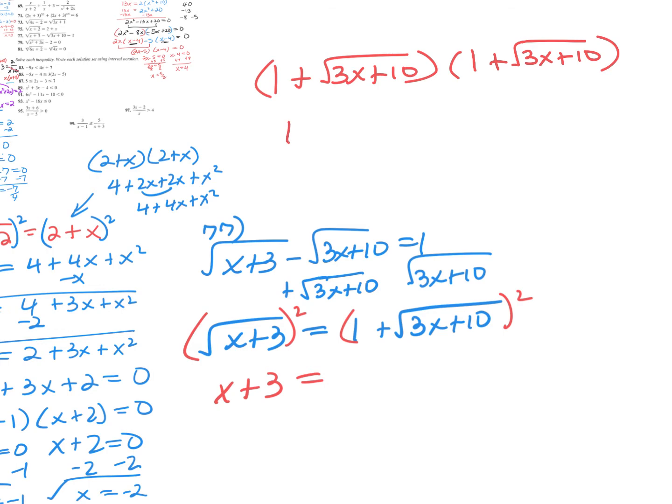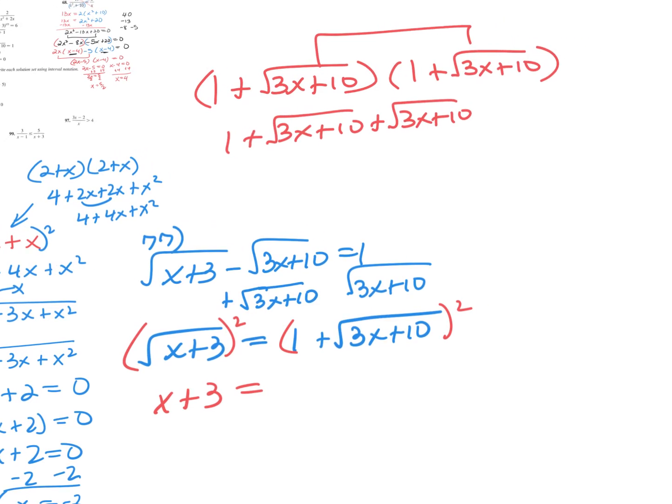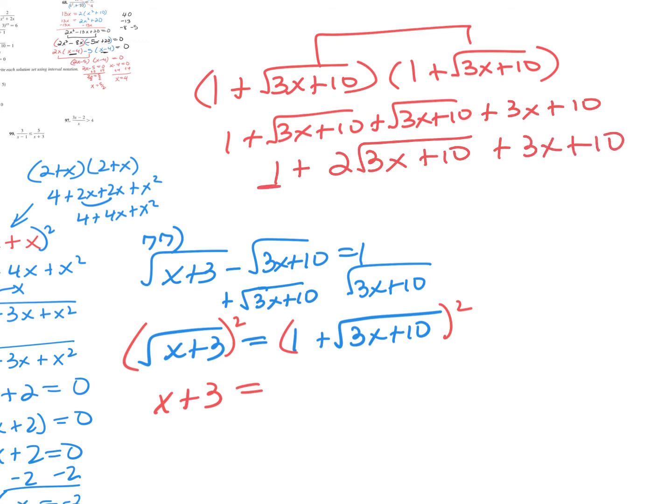So first gives me 1, outside gives me the square root of 3x plus 10, inside gives me the square root of 3x plus 10. And then last, whenever you multiply a radical by itself, it's just going to free up. So now I have this one. So I get 2 times the square root of 3x plus 10 plus 3x plus 10. I'm going to add these guys.